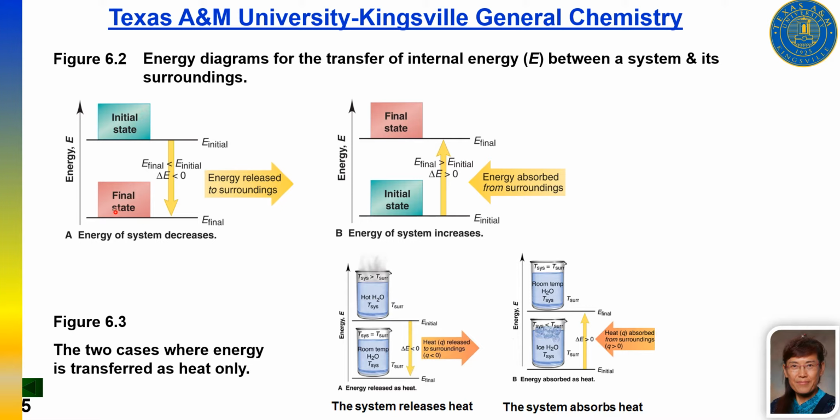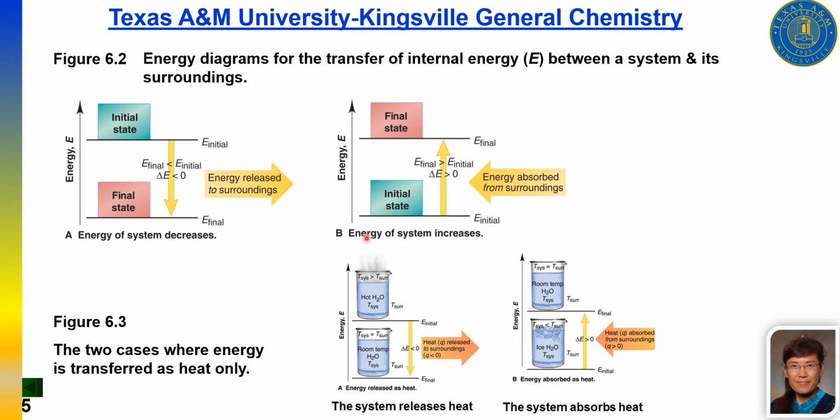After the consumption, the energy decreases during the final state. Therefore, your energy is released from your system to the surrounding. This delta E for your system is smaller than 0. Delta E equals E final minus E initial.